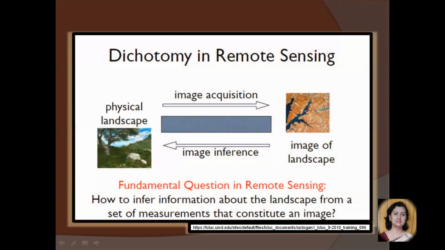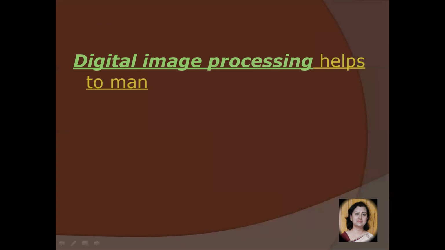Now, the fundamental question in remote sensing is, how do we infer the information about the landscape from a set of measurements that constitute an image? The answer to this question is digital image processing.